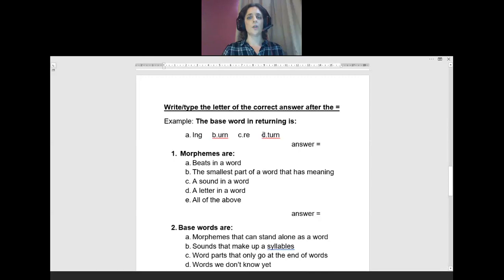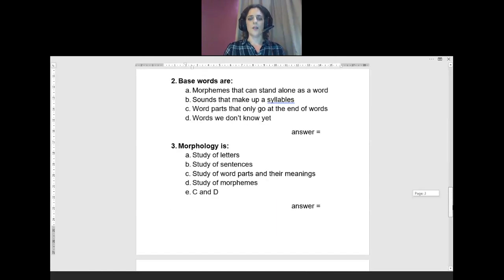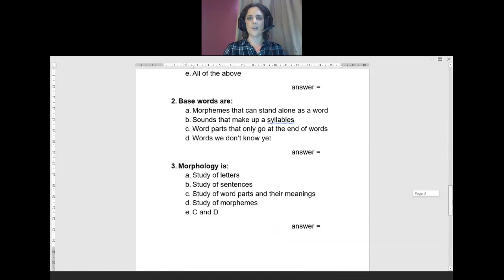I'm pretty sure it's turn because none of the others make sense on their own. So I'm going to type turn in here. Now you have some other questions there that you can write in the letter for in the space after the equals.